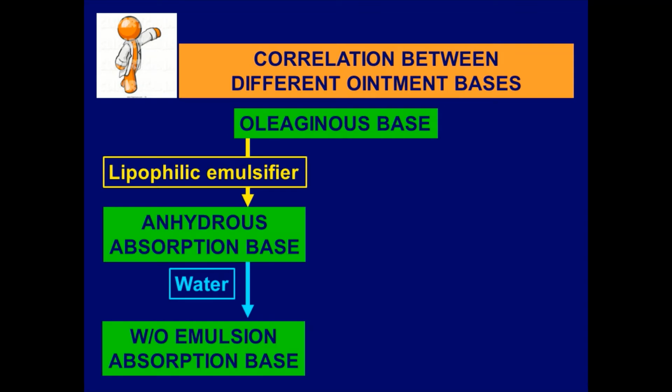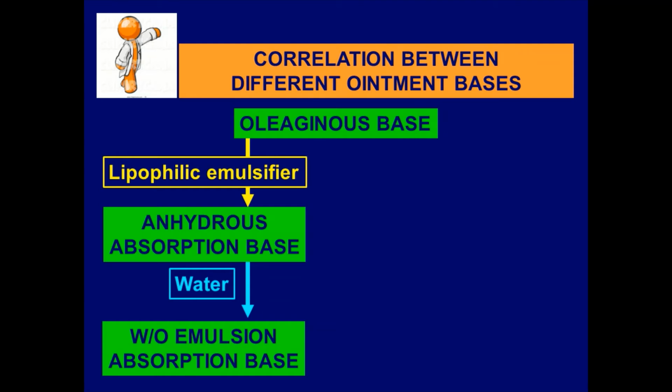So if you add lipophilic emulsifier to the oleaginous base, you will get anhydrous absorption base. If you add lipophilic emulsifier and water to the oleaginous base, you will get water in oil emulsion absorption base.